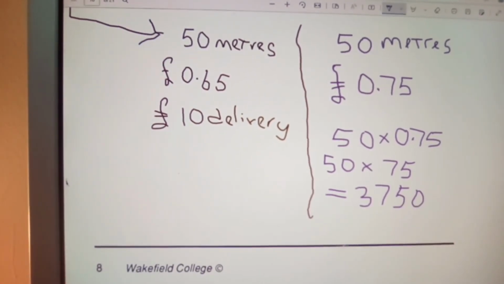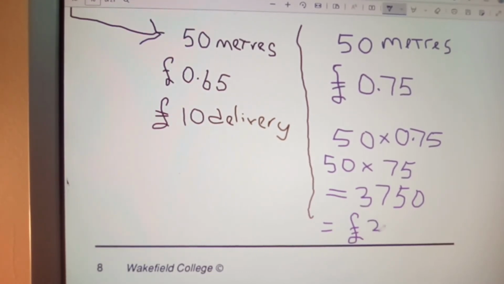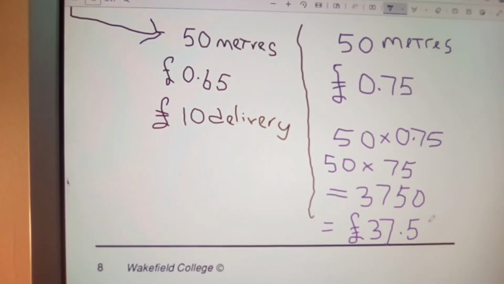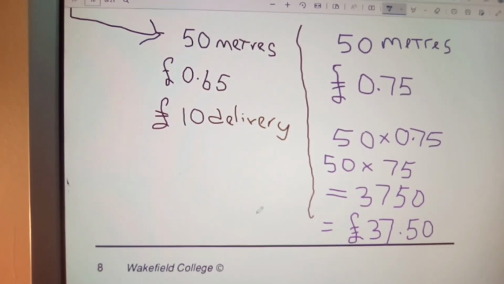Therefore, that will now actually equal £37 and 50 pence. Okay.